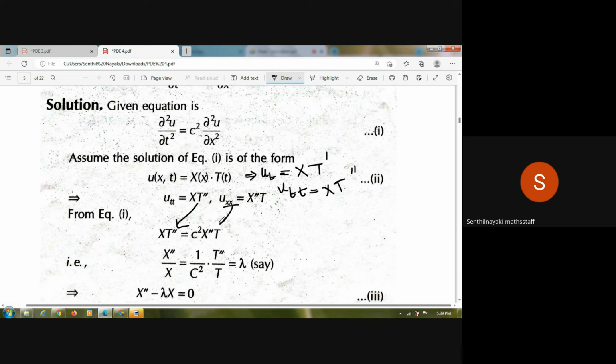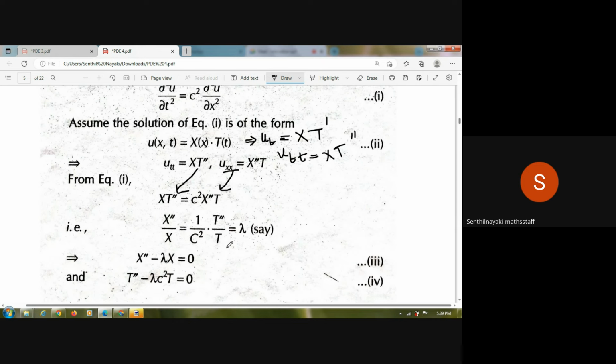Then we replace the u_xx value, that is, X''·T. Separate the variables, X terms on one side and T terms on the other side. Then we get X''/X = (1/c²)·T''/T.